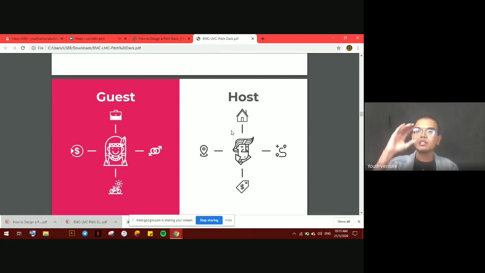Each segment will require you to describe them differently, and you need to describe all of your customer segments. If you have more than one customer segment, instead of saying I'm targeting the whole of Malaysia, you need to specifically target each customer segment. If there are many types of guests, describe the types of guests that you might encounter when you do Airbnb.